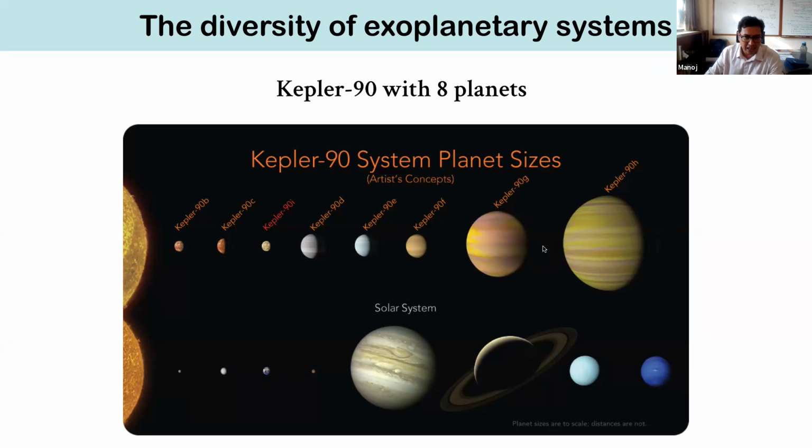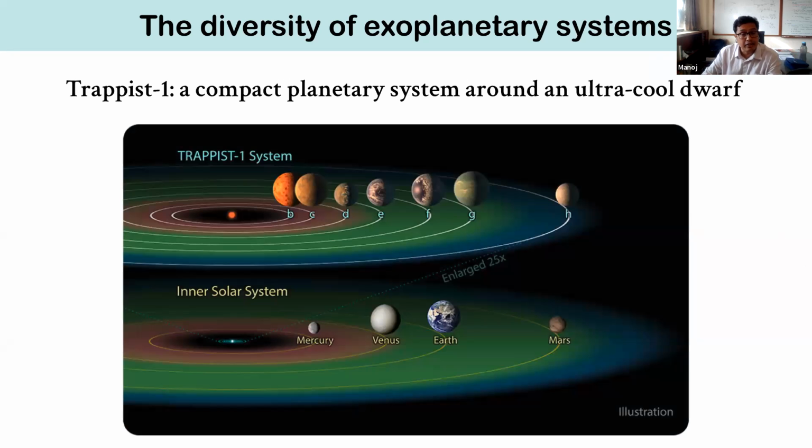This is not to scale, but this entire system is very compact. I think Kepler 90h, the outermost planet, is at the Earth-Sun distance. So it's compact, but yes, we are not unique anymore. There are planetary systems out there with 8 planets, and even all other kinds of diversity.